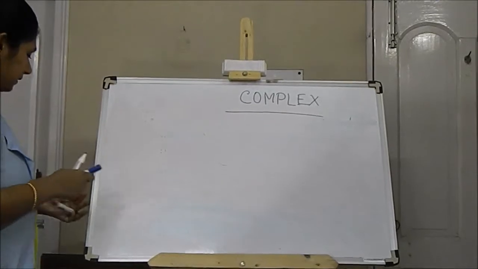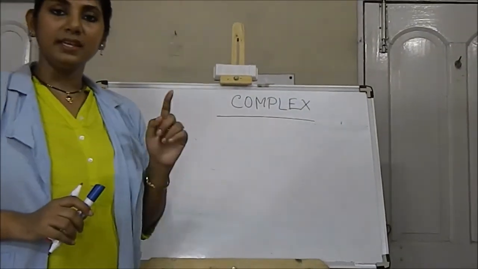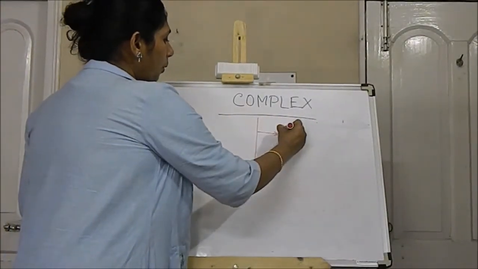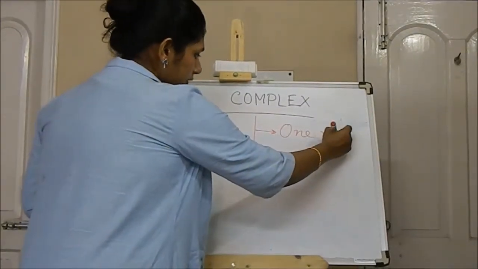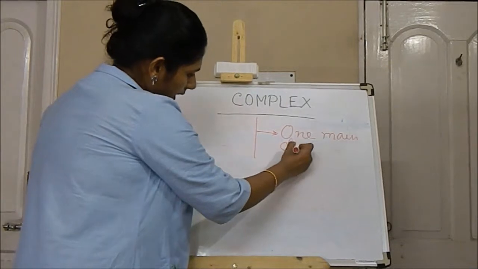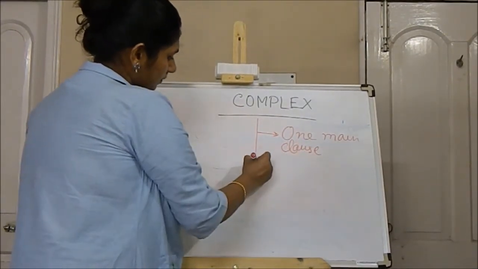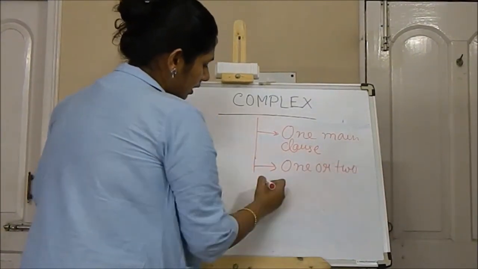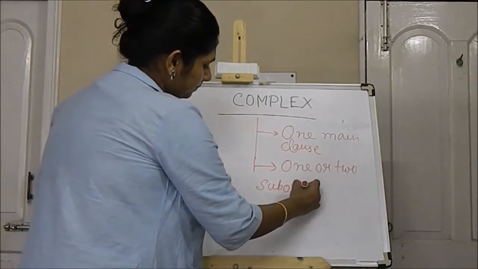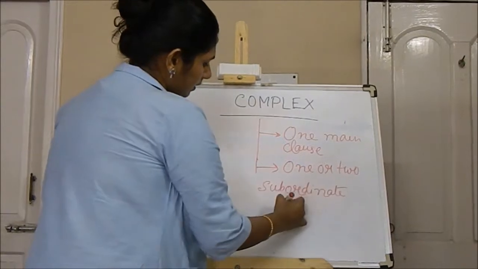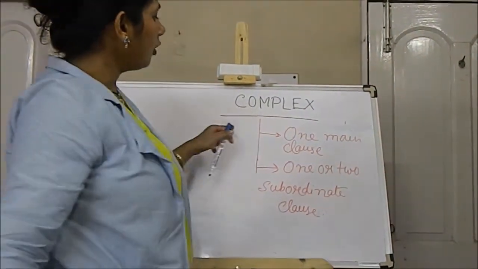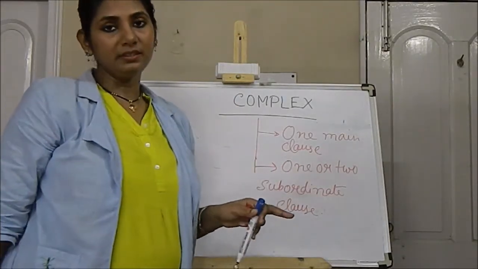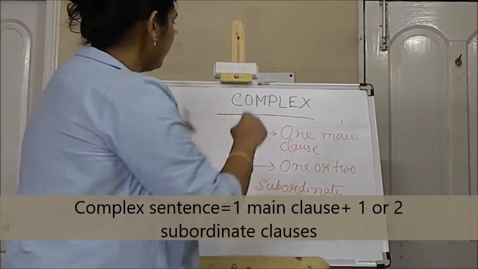A complex sentence consists of one main clause and one or two subordinate clauses. So first let me write an example.